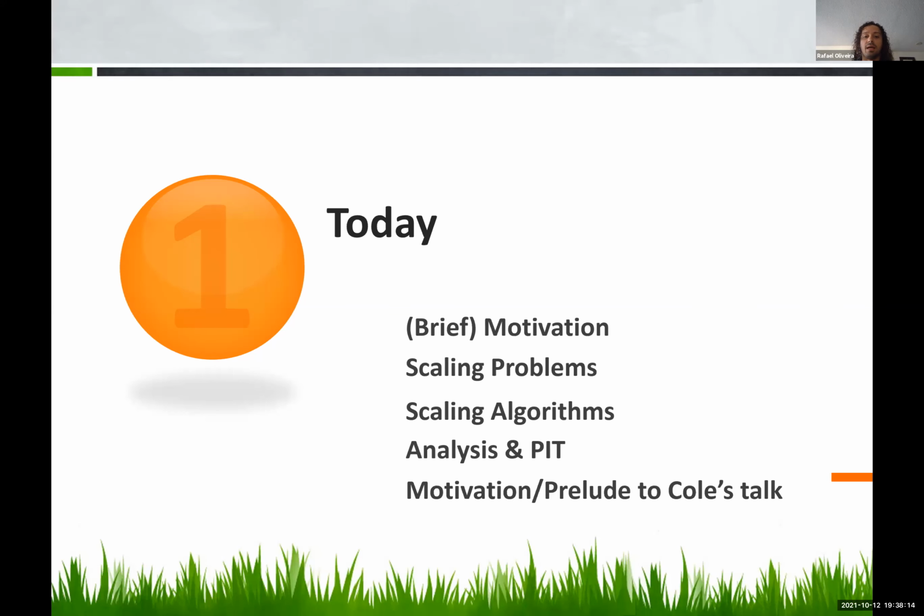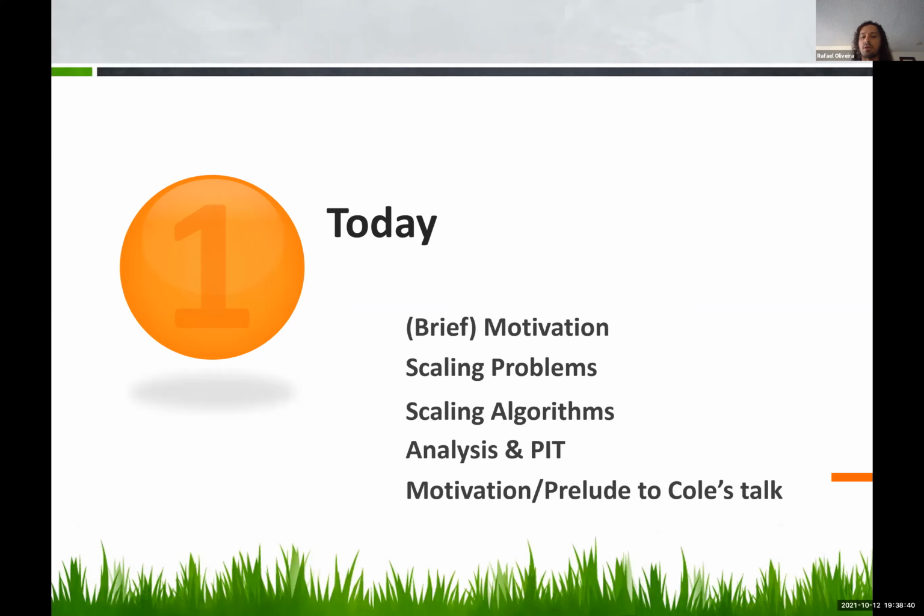So today we're going to have some brief motivation, and then we're going to talk about scaling problems. And today, just for simplicity, I will just talk about matrix scaling and operator scaling, and draw a parallel between both of them. Tensor scaling is just, the notation gets a little bit heavier, so I may just assign that as an exercise and pass by just the setup on Zulip for everybody.